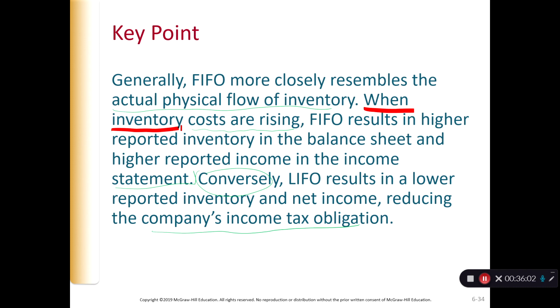When the inventory costs are rising, this means that the latest purchases are more expensive, or earlier purchases are cheaper. Then you can conclude that FIFO results in higher reported income and higher reported inventory. Okay, but for LIFO, this holds only if the costs are rising; only then can you draw this conclusion.